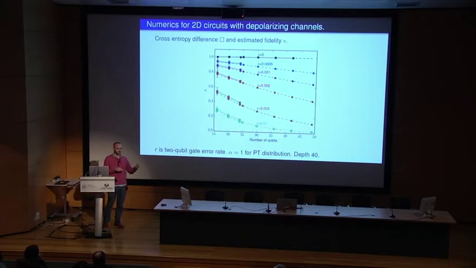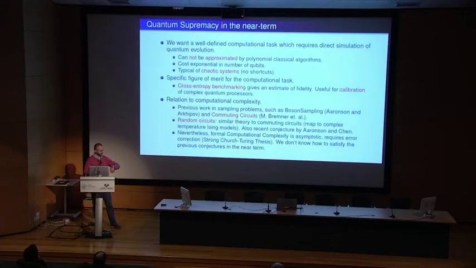We're simulating circuits with depolarizing channels after every operation with appropriate error rate. Just by multiplying the fidelities, you get an estimate of the total fidelity. So that's blue. And the squares are numerical simulations with depolarizing noise using cross-entropy. And you see that indeed, after simple normalization, the squares, which is the cross-entropy from the numerics, mimic what you would do in the experiment, and match nicely the fidelity that you would expect just by multiplying the fidelities of the different gates.